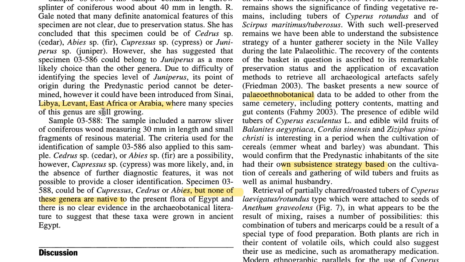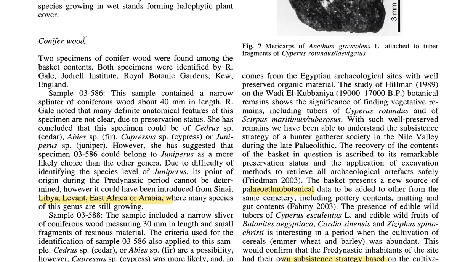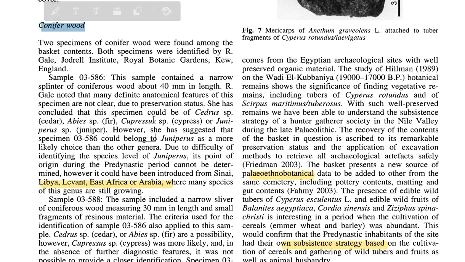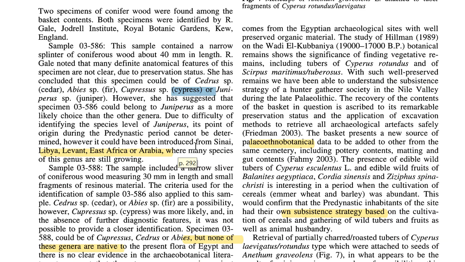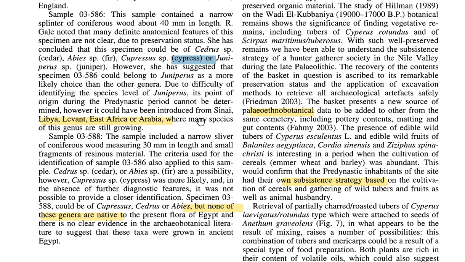I've highlighted a bit of the last section of the results on conifer woods, where it talks about how they found a sliver of wood in her bag. It's not quite clear what it was, but it seems to be either cedar or fir, cypress, or juniper. Now, more than likely, that wood is not native to Egypt, so it was imported or brought in.